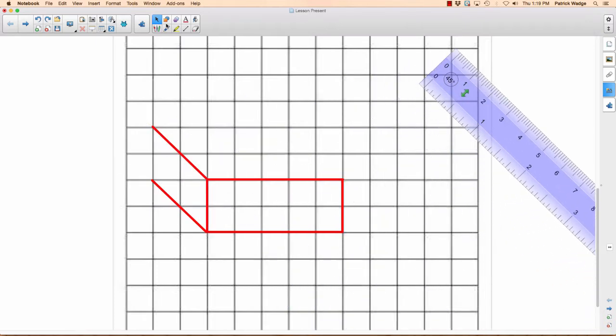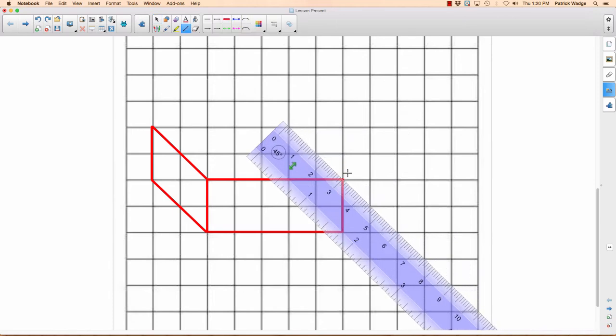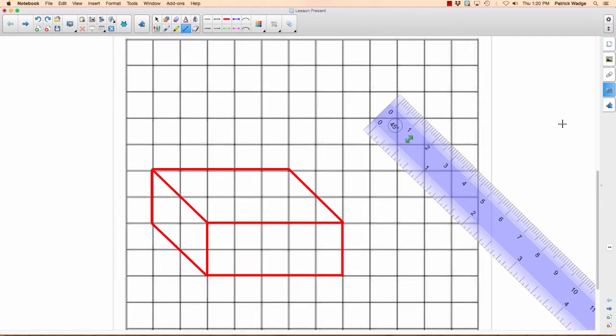I should be able to draw a line straight from here to here to connect those. Oh, sorry, I need to do one more, don't I? I need to go back 3 here as well. So that would take us from here to about there. And then I can join those lines together. And that should just about do it. So that would be my drawing right there.